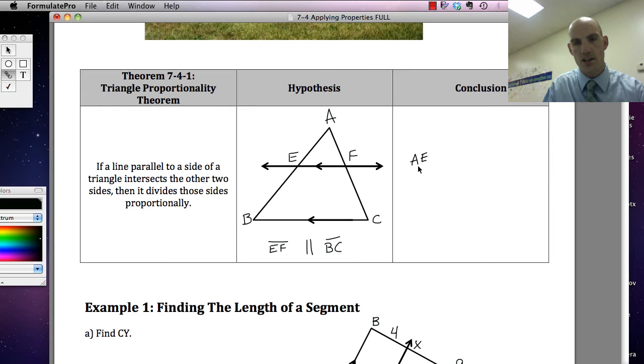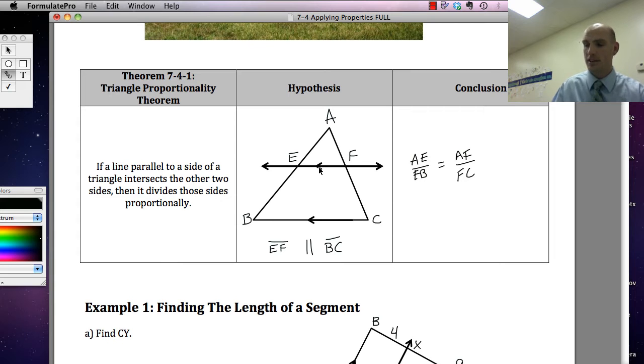Proportionality is about having two fractions. And so the fractions that I'm going to write here are fractions using these sides. Okay? And so the top part over the bottom part is equal to the top part over the bottom part. That's proportionality in this triangle here.